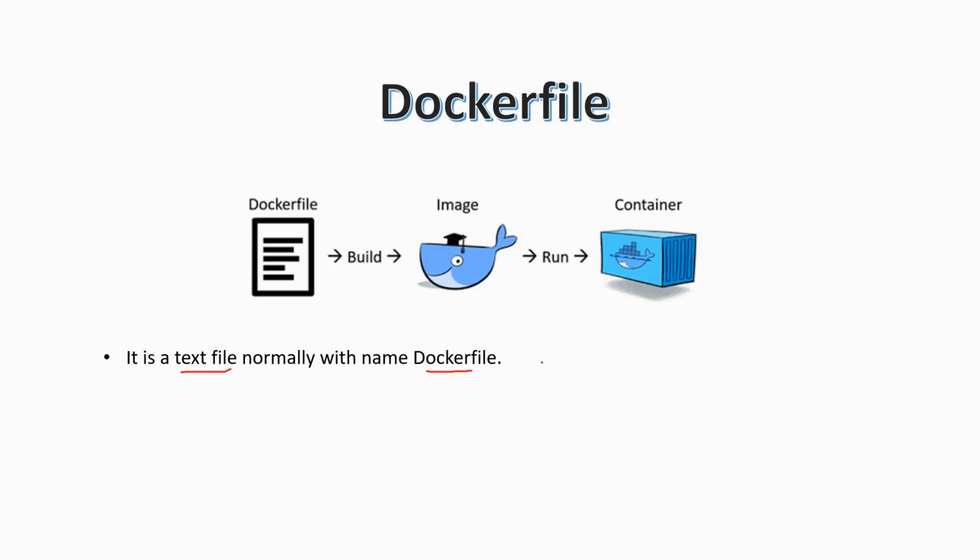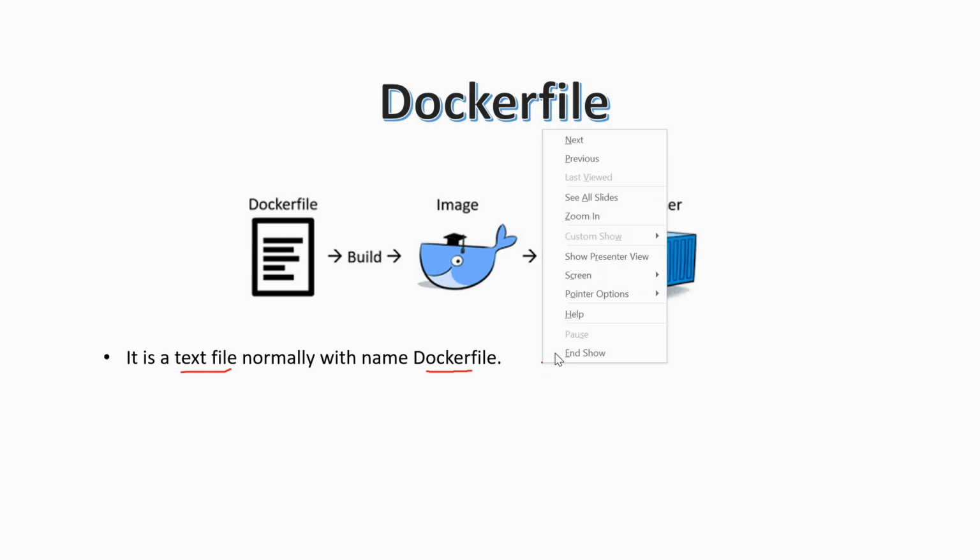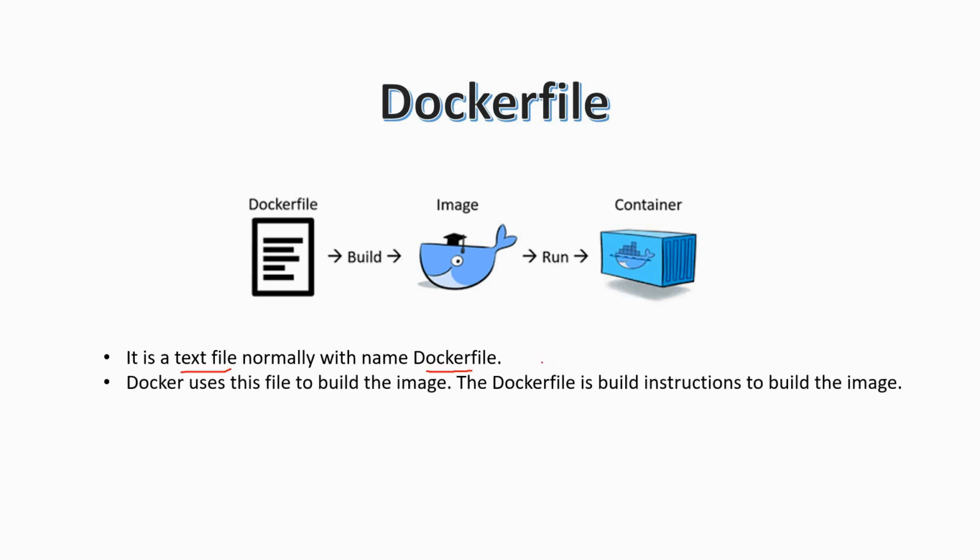Next point about the Docker file would be that Docker uses this file to build the image. This file is used to build the image by using the docker build command, and this Docker file has build instructions that will eventually lead to building an image.